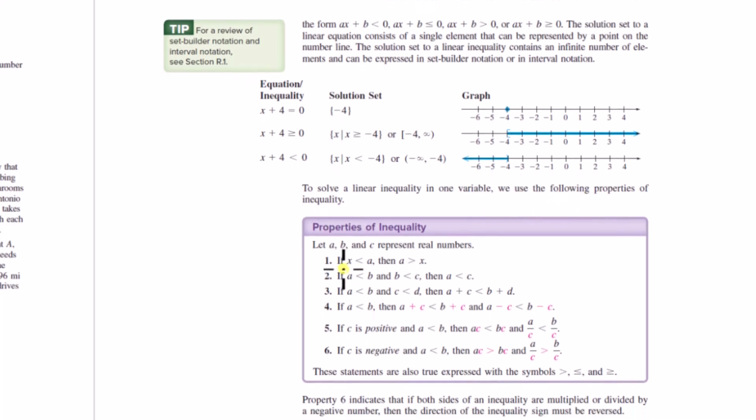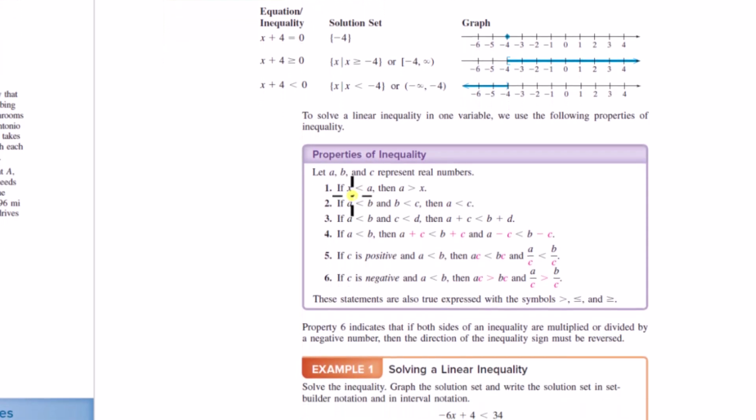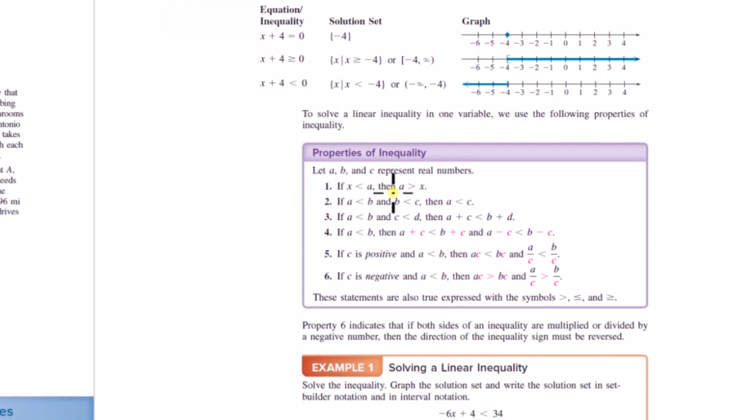Okay, so the properties of inequalities. If x is less than a, then a is greater than x. So you can flip an inequality, kind of like you flip an equation, but when you do that, you need to flip the sign, the inequality symbol, which makes sense, right? If you have 4 is greater than 3, and you want to write this with the 3 first, then just put 3, flip it, right?